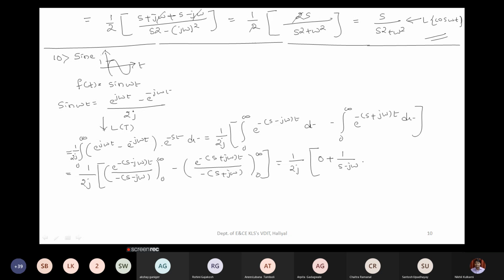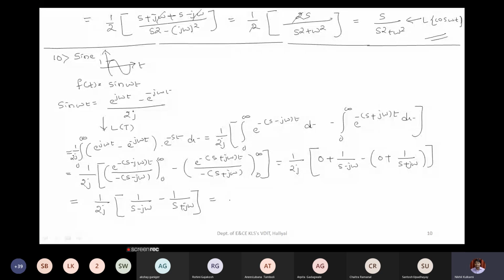Then you will get minus of 0 plus again 1 by s plus j omega. Okay, so if you solve it further, that is going to give you 1 by 2j times 1 by s minus j omega minus 1 by s plus j omega.